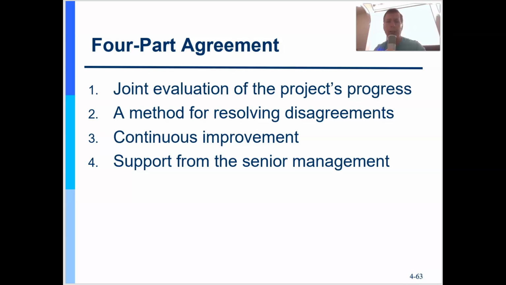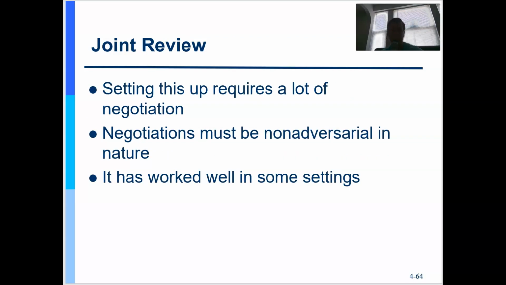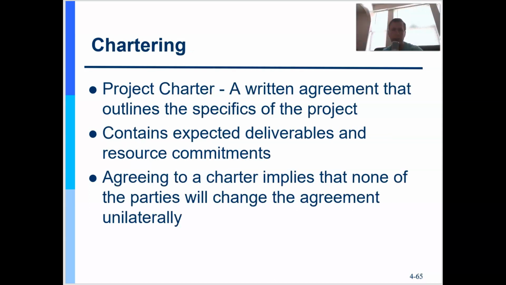You could also create a 4-part agreement, which would include a joint evaluation of the project's progress, a method for resolving disagreements, continuous improvement, and support from senior management. This really takes the concept of a team charter, which is how we get along, and expectation management, to a macro level, to a higher level, and applies the same concept up above along the way. Continue with the joint review.